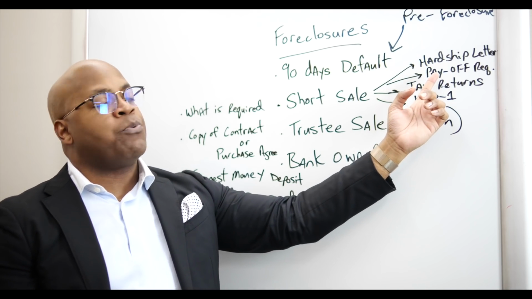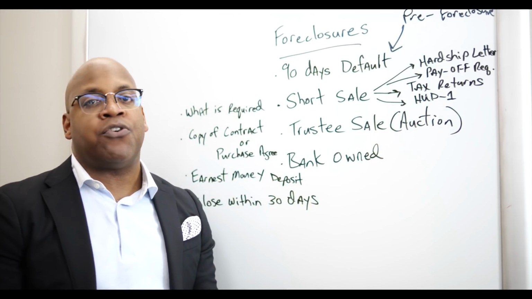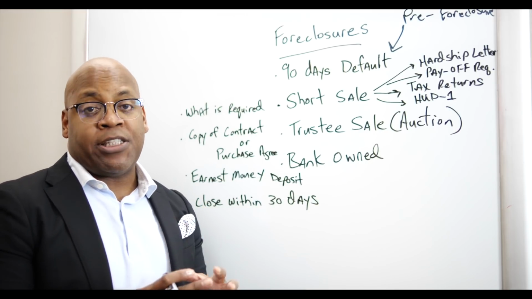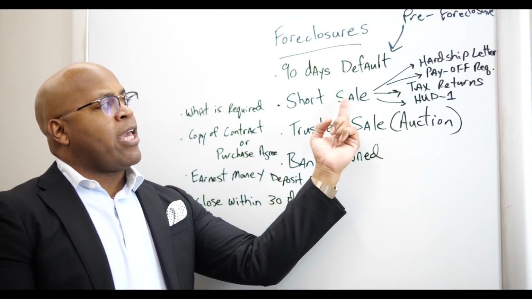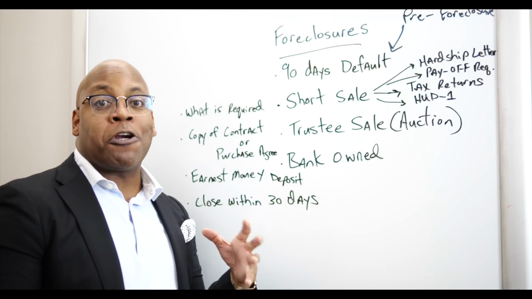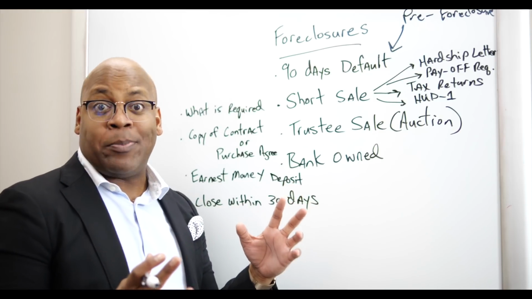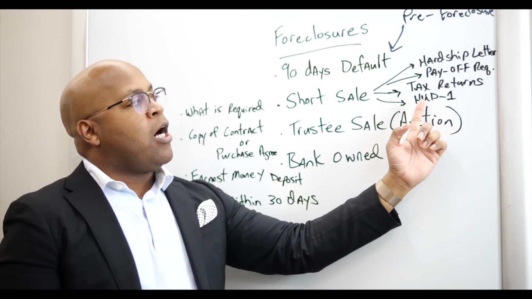So you're going to request what is called a payoff request. Of course, you're going to need tax returns, right? They need verifiable documentation to know what your income is, to see, okay, if this person was making $200,000 and my mortgage payment is $2,000, we have a problem in here, right? And then the last thing would be a HUD-1.